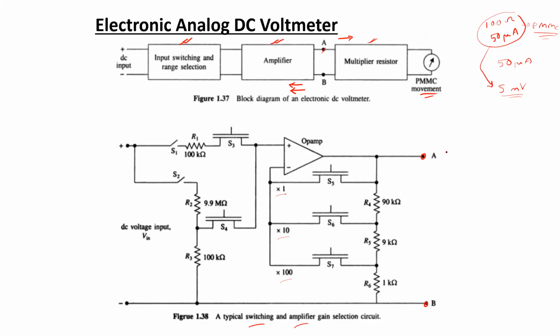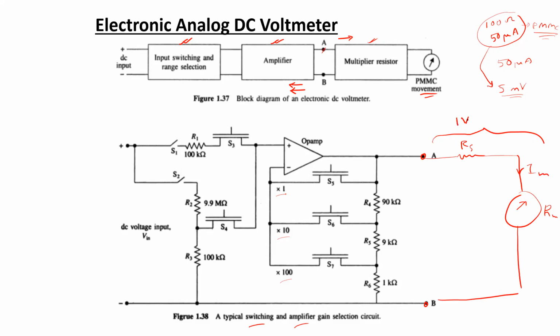On the right hand side, there is a multiplier resistor Rs along with the PMMC meter movement mechanism. For our case, we consider that this multiplier resistor and the PMMC meter movement mechanism are designed in such a way that a voltage of up to 1 volt can be allowed across the terminals A and B.